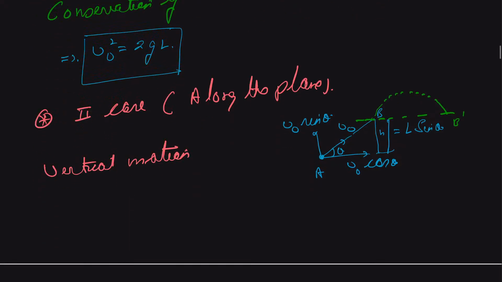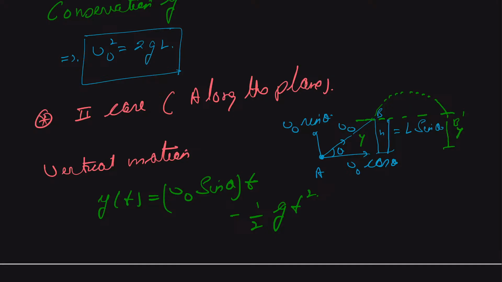So we can write the equation for our vertical motion, which in general is y of t equal to our initial velocity v naught sine of theta times t, minus half g t square. And this y of t is nothing but our h, because it is going to return back to the same height.